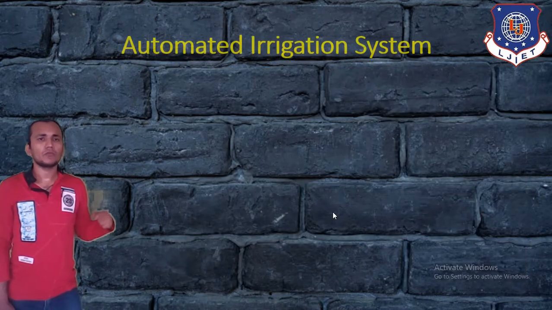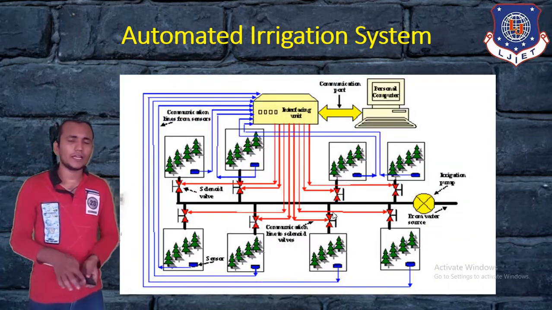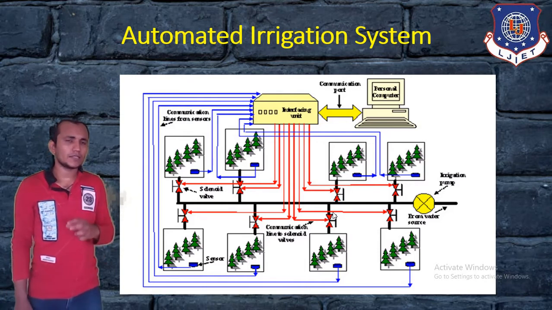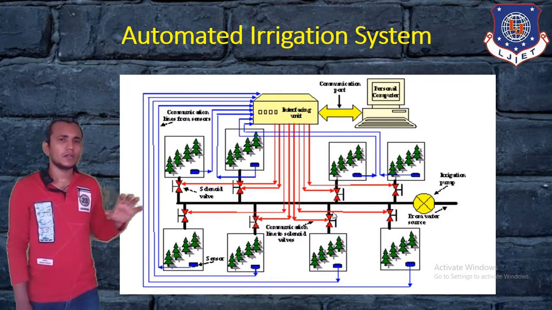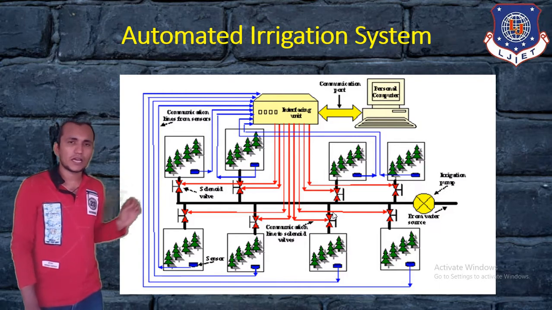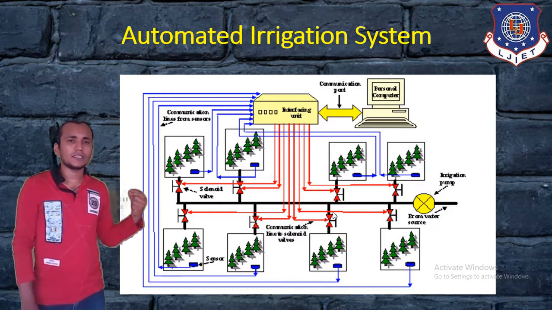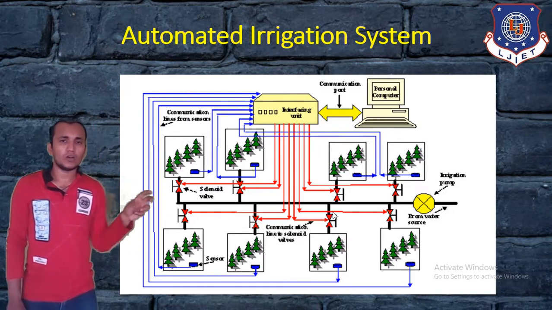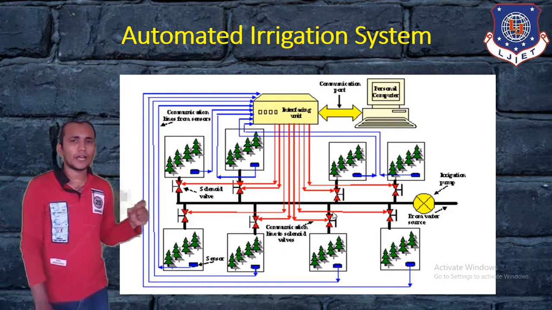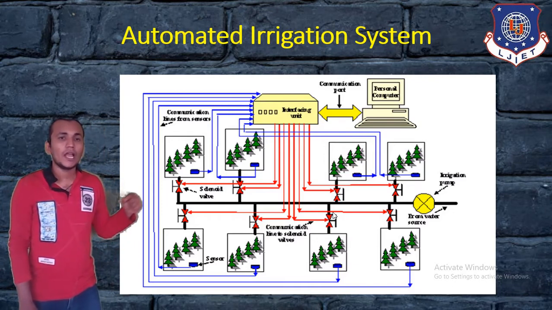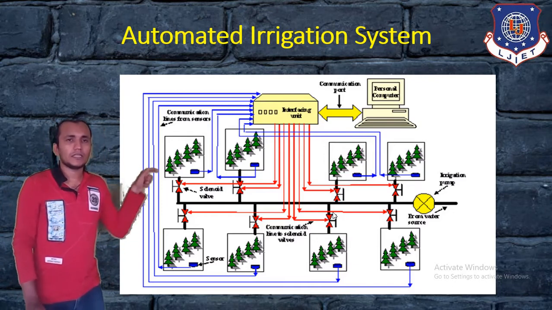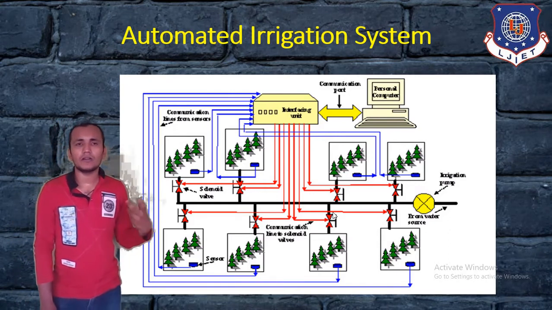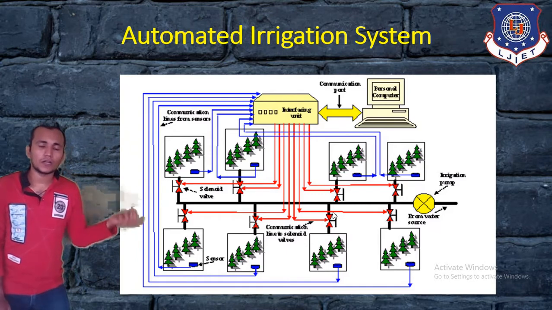So now if we have to make an automated irrigation system, this is a picture of one. In this picture you can see there are 8 farms, and in every farm a solenoid valve is given on the black line, and the yellow one is the main solenoid valve from the main intake system. Every farm has sensors that are detected by the interfacing unit, and it can measure temperature, moisture, and water available.